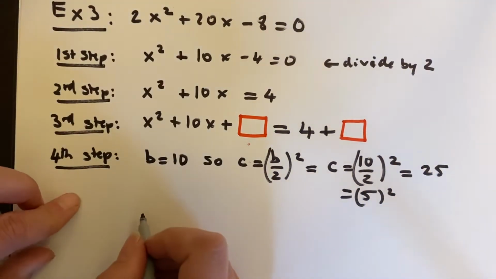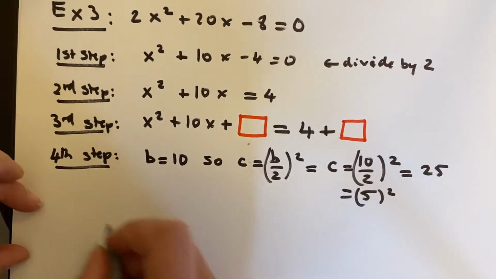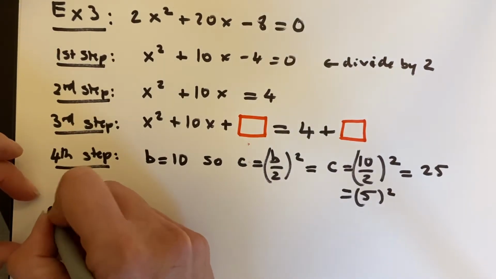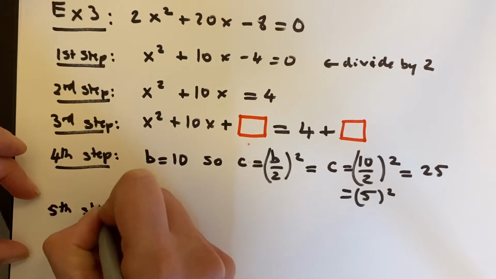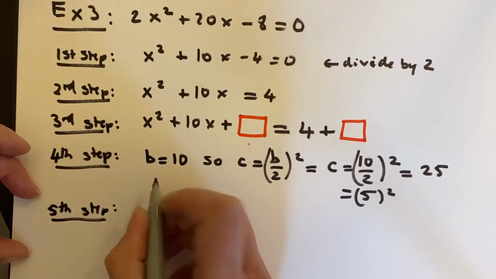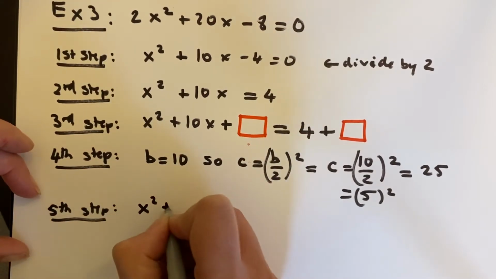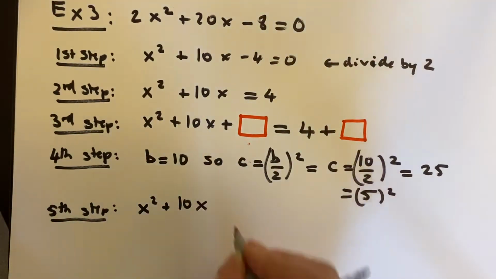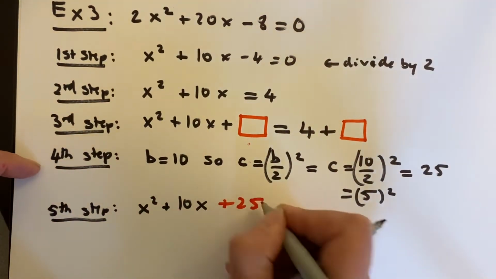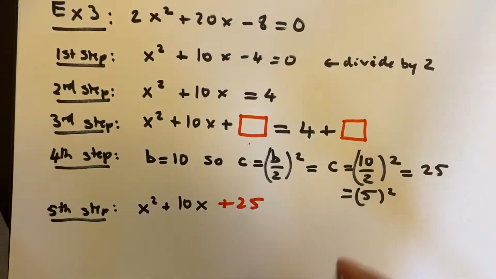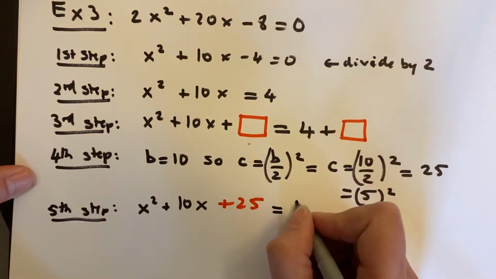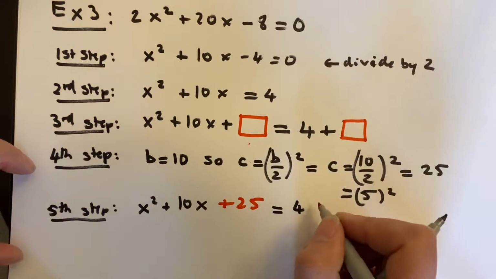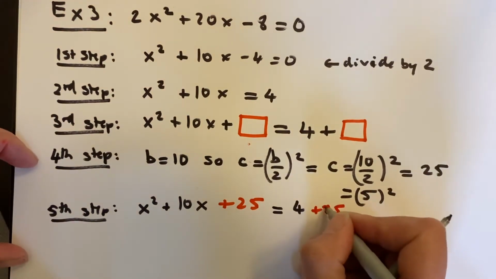So I can rewrite my equation. I have x squared plus 10x plus 25 equals 4 plus 25.